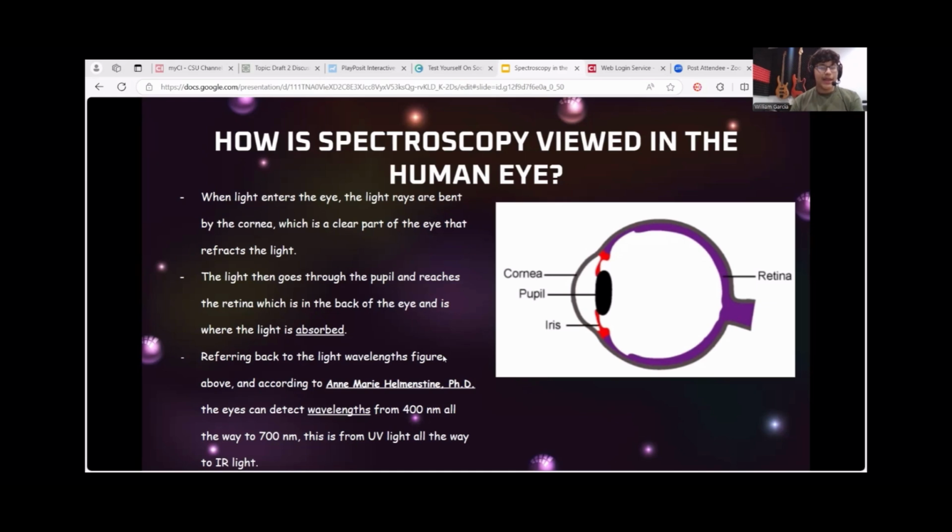Referring back to light wavelengths, according to Anne Marie Hamstein, the eyes can detect wavelengths from 400 nanometers all the way to 700 nanometers, which is what we've been seeing. This is from UV light to IR light, which is infrared light.